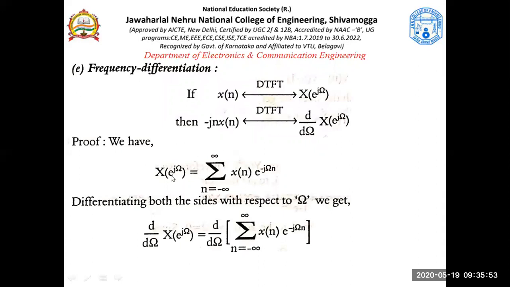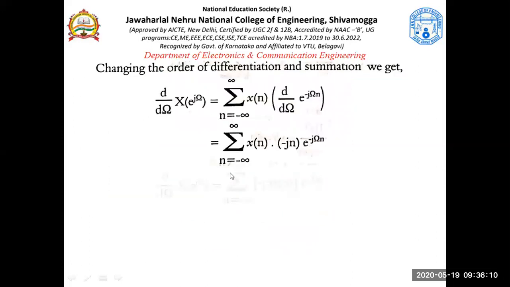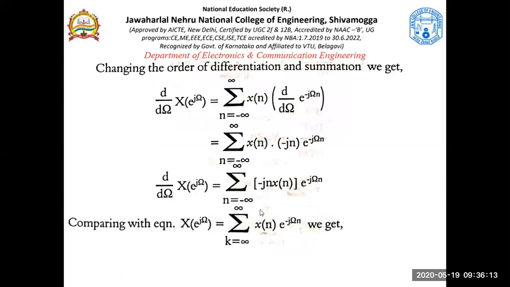Understand that? So, x of e power j omega is the DTFT of x of n. Comparing with this equation, what is true here? The DTFT of x of n is x of e power j omega.